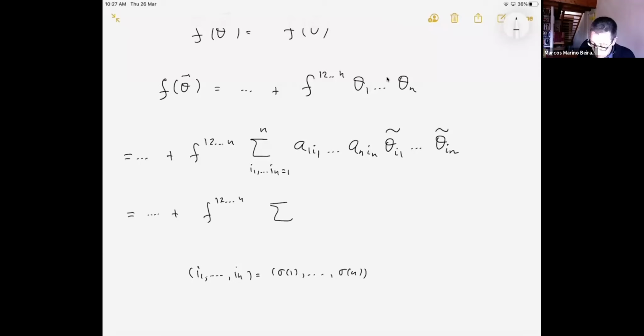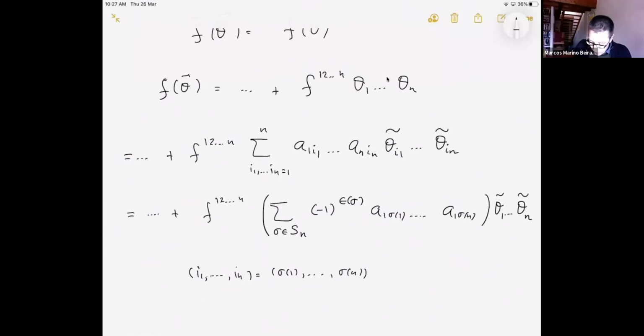So if I sum over all possible indexes, I'm actually summing over all possible permutations. And now I order these indexes. When I put them in the right order, I will get (-1) to the epsilon of sigma, and then A_{1 sigma(1)} up to A_{n sigma(n)}, times theta 1 up to theta n.